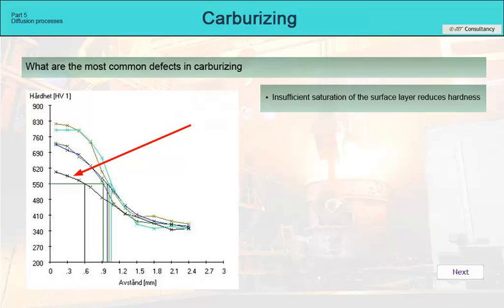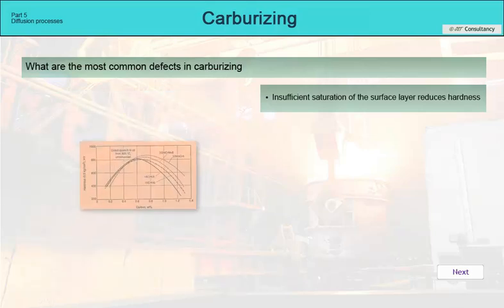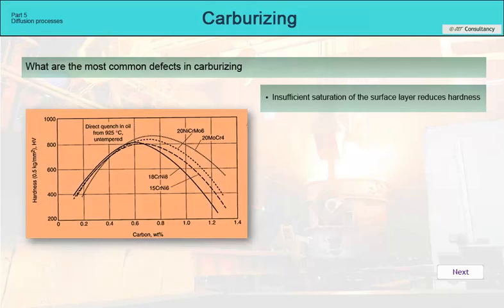We can see this in this graph, showing the relationship between carbon content in the carburized layer and surface hardness. However, if the insufficient hardness is only local, then it is necessary to check the washing process before carburizing and the method of removing oil residues and cutting emulsions.